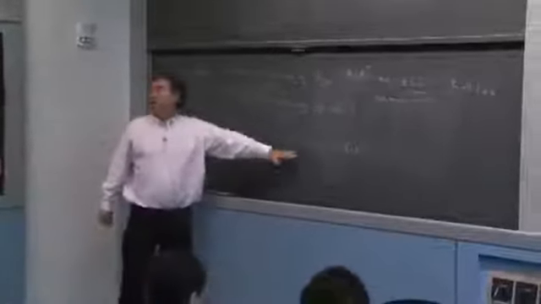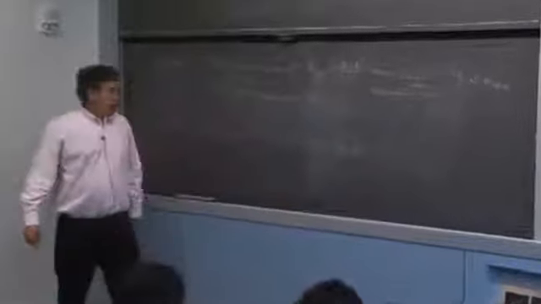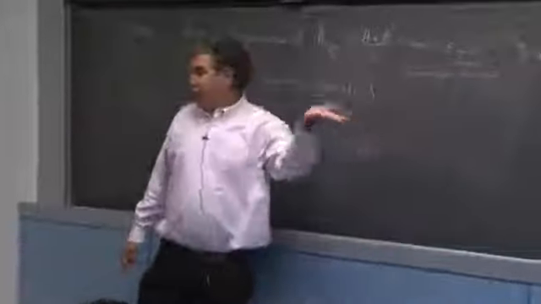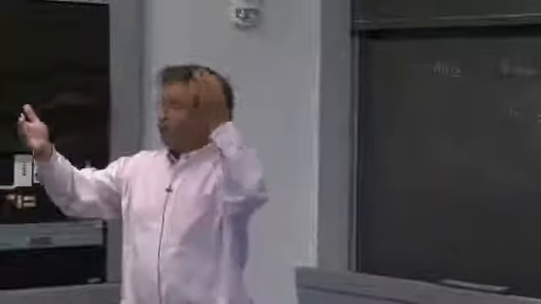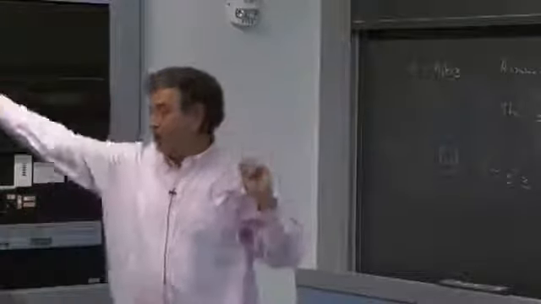Everybody follows that? And what can we say given what we've assumed about the symmetric part of A? Remember we said when we have a symmetric matrix, we can bound it by lambda min x squared and lambda max x squared.